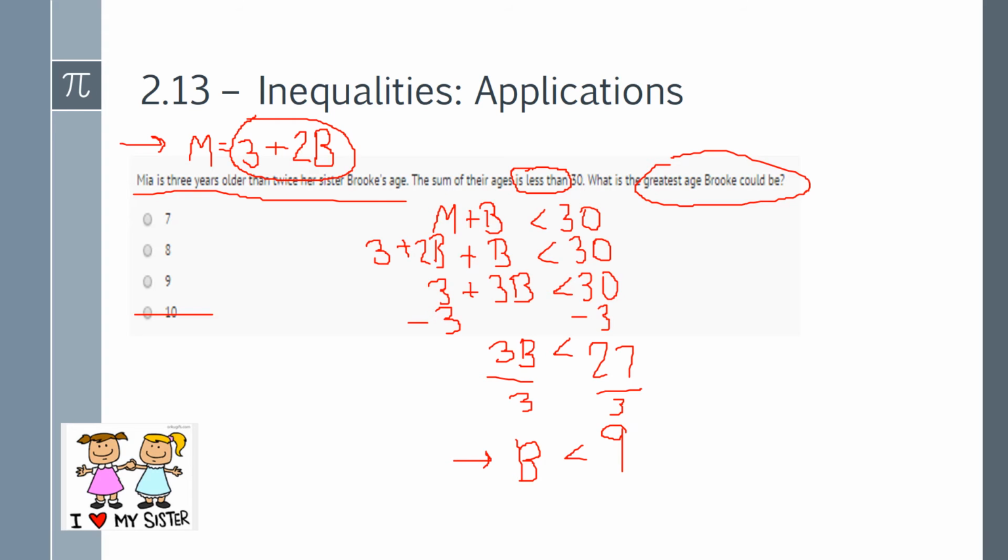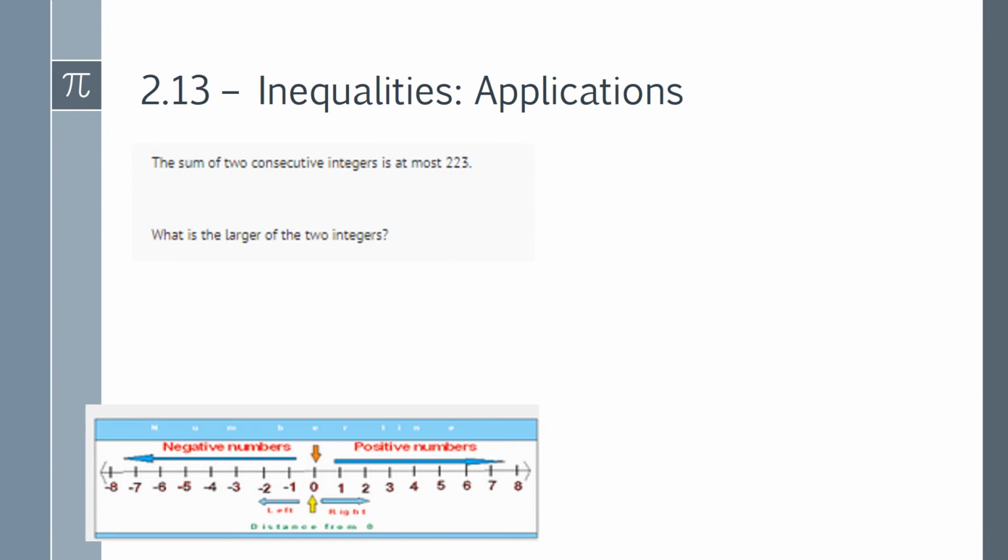It says Brooke is less than 9. So that means that 9 is not possible. Both 7 and 8 fit. They're less than 9. But the question is, what's the greatest she could be? So out of those two, 8 is the greatest age that fits. 9 doesn't because she has to be less than 9. So you're looking for that 8 there.